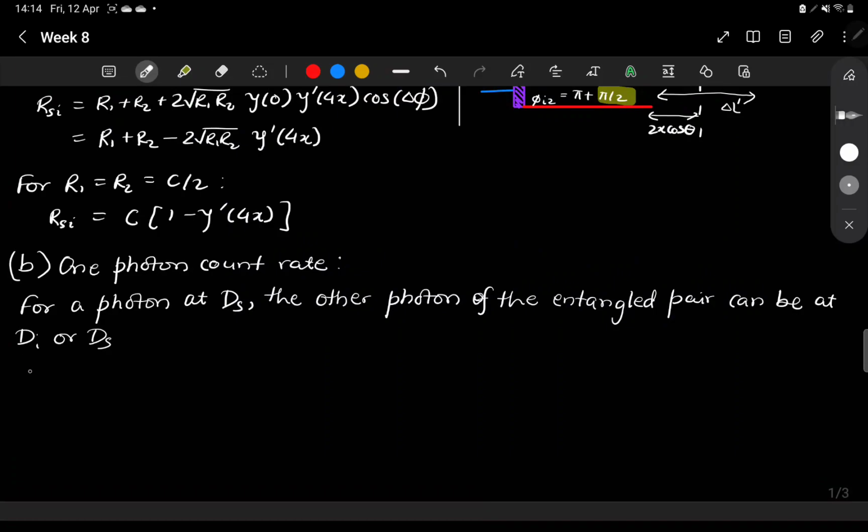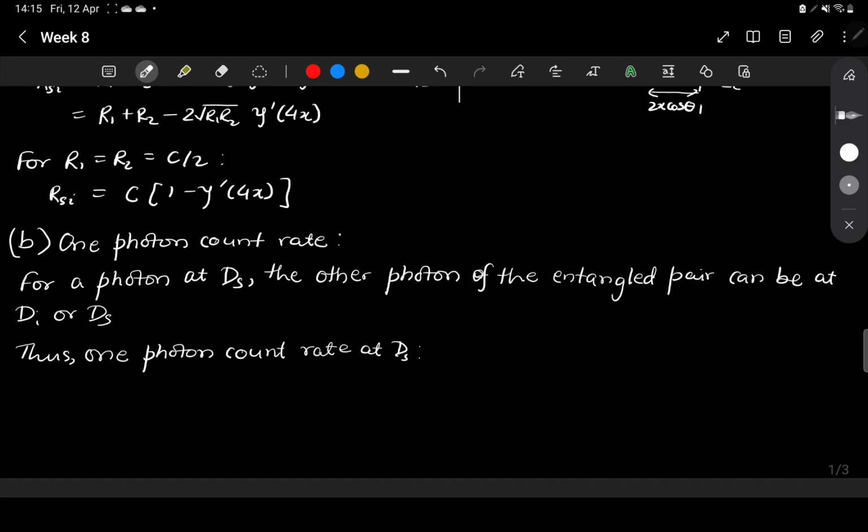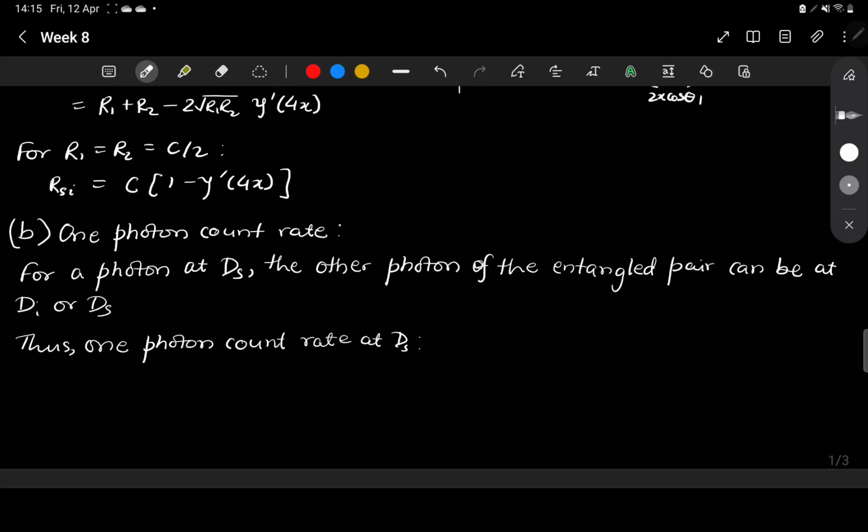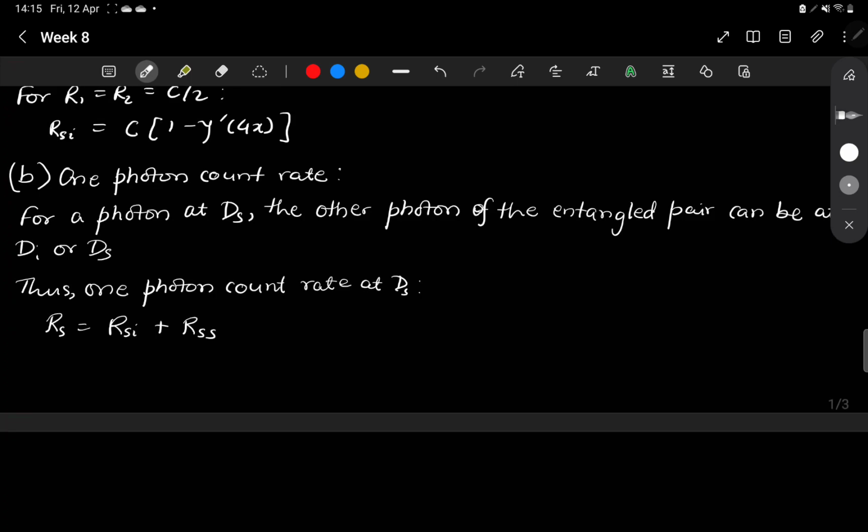So in this situation, the one photon count rate at the detector ds will be given as Rs is Rsi, meaning coincidence, plus Rss, meaning both the photons going into the same detector.